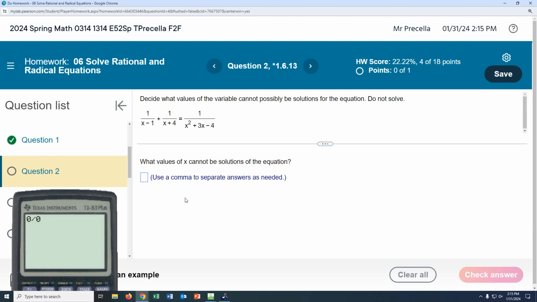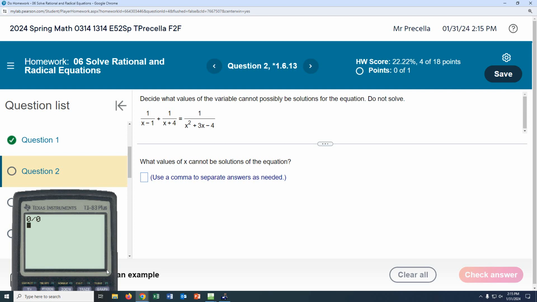Okay, number 2 asks the same thing. We're not solving the equation, we're just going to find which numbers can't possibly be solutions. We have the fraction 1 over x minus 1 plus the fraction 1 over x plus 4 is equal to the fraction 1 over x squared plus 3x minus 4.